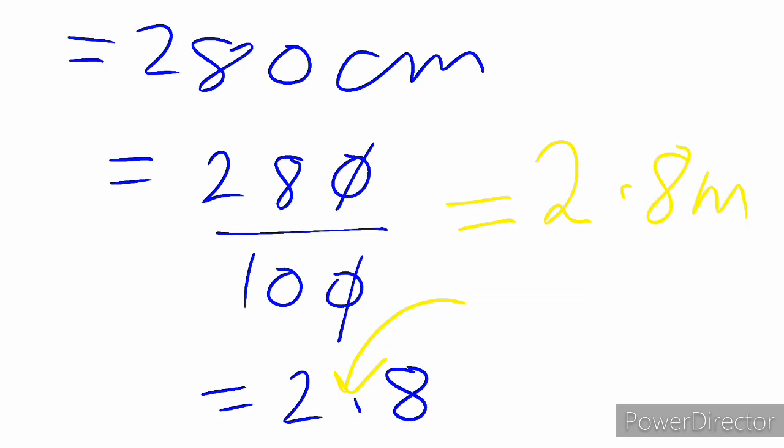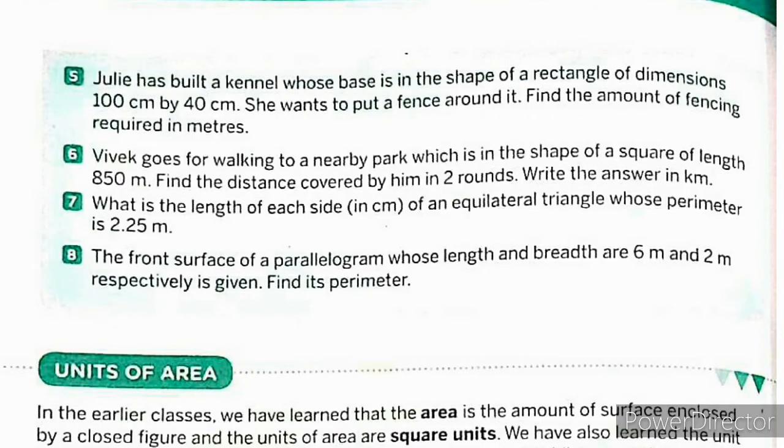Okay, the next question is the 6th. Let's take a look at that also. The 6th question is: Vivek goes for walking to a nearby park which is in the shape of a square of length 850 meters.